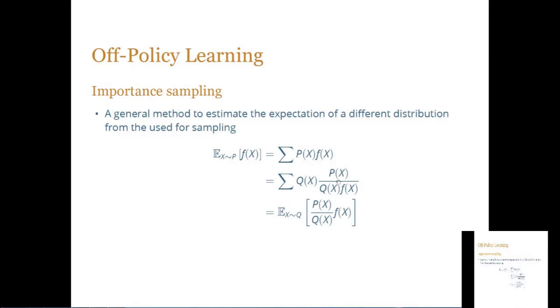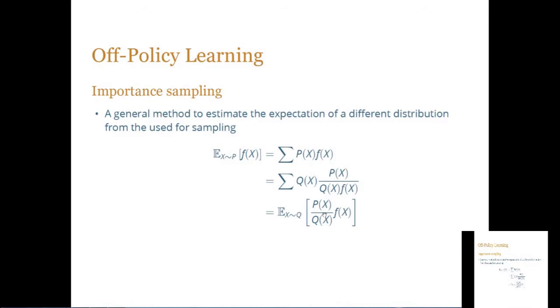This is called the importance sampling ratio, which just measures the ratio between the probability I want to take the expectation with, divided by the probability I'm using for sampling. So I can take samples from some distribution and take expectations for another distribution by multiplying by this ratio.